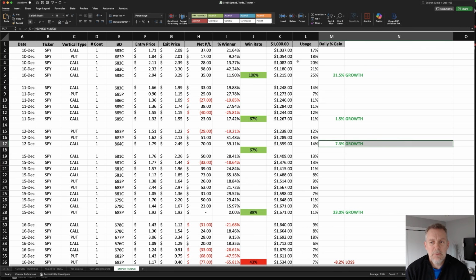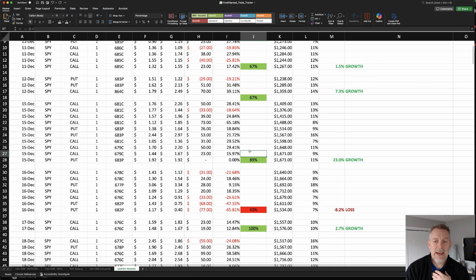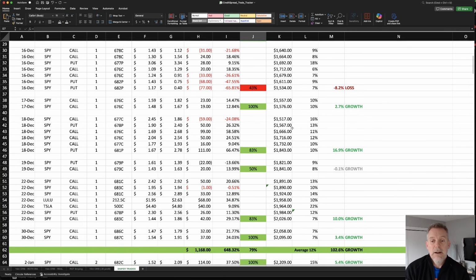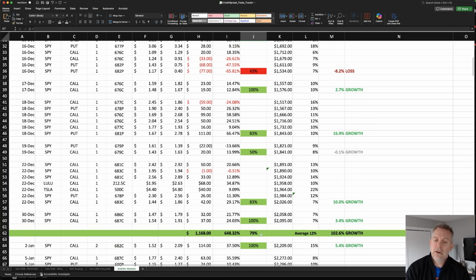If you're playing with about 10% usage per trade, this just continues to add up and add up and add up. Occasionally there's a losing day, but for the most part, these are all winning days. I think our overall trade win rate is about 75 to 80%.